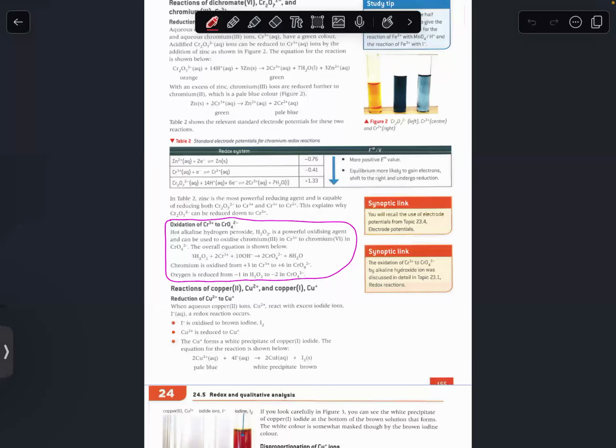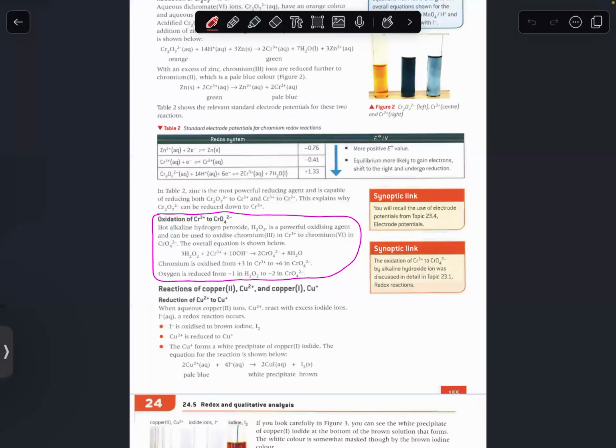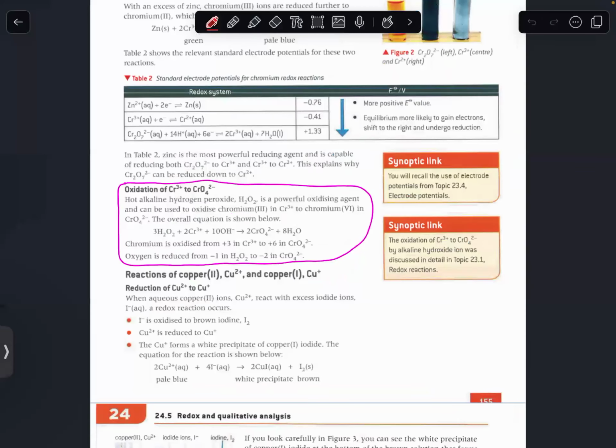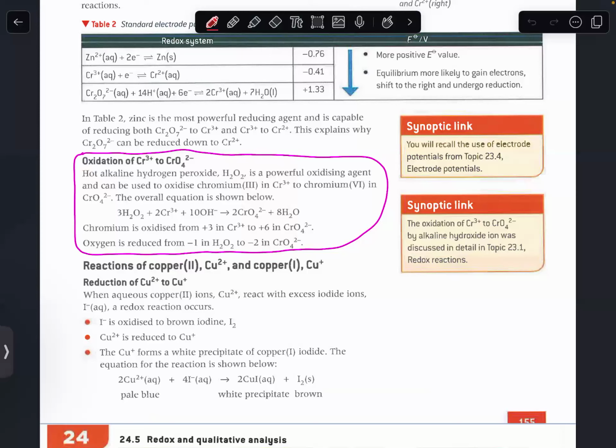This is from the, what's the author's name? Rob Ritchie and Dave Gent, Oxford publication. And here, lo and behold, you've got oxidation of Cr3+ ions to chromate(VI) ions.